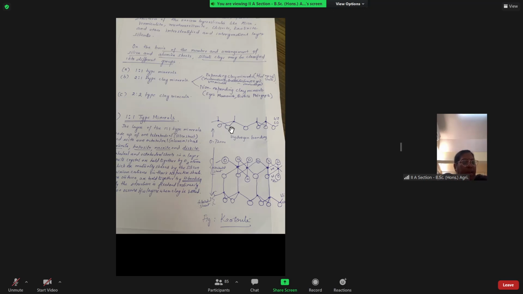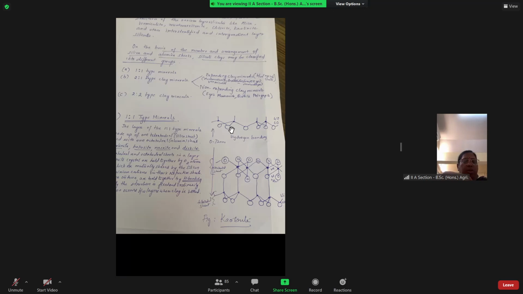Therefore, it has the swelling property when it is wet, and when water enters the interlayer space, the layers move apart and the clay swells. And when water is removed, again it shrinks. And because of high plasticity, it can be molded into any shape.